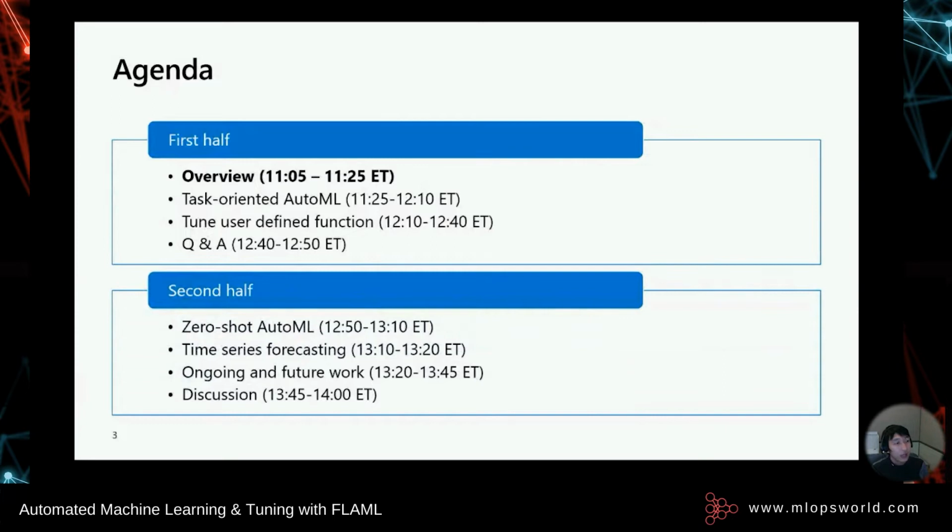In the second half, I will first introduce two relatively new features of FLAML, including zero-shot AutoML and time series forecasting. Finally, Qingyun will briefly introduce some ongoing and future work, and in the end, we will leave some time for discussion. Feel free to ask questions during the tutorial via the chat. In the discussion part of the workshop, we'd like to hear from the audience what's your takeaway and what are remaining challenges you'd like to solve or additional features you desire.